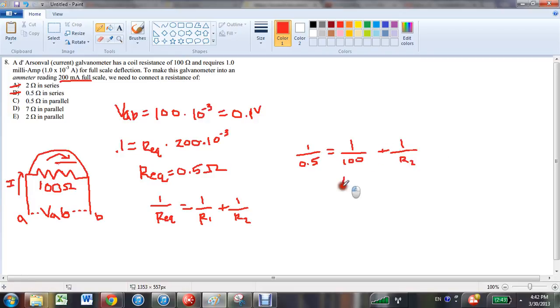And when we solve this equation, we get R2 to equal approximately 0.498, which is dangerously close to option C, which is 0.5 ohms in parallel, and that's the correct answer.